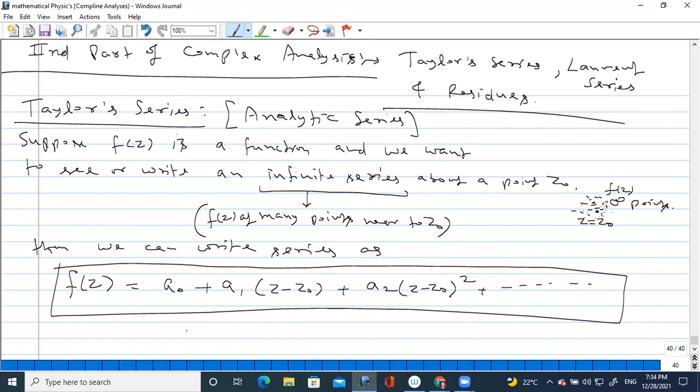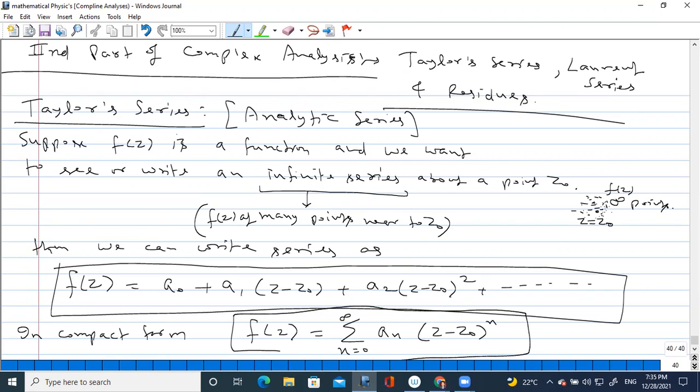In compact form also we can write it, means in summation. In compact form you can write f(z) will be summation n equal to 0 to infinity a_n (z minus z0) to the power n. If you expand this, it will become that only. Okay, so note down it.